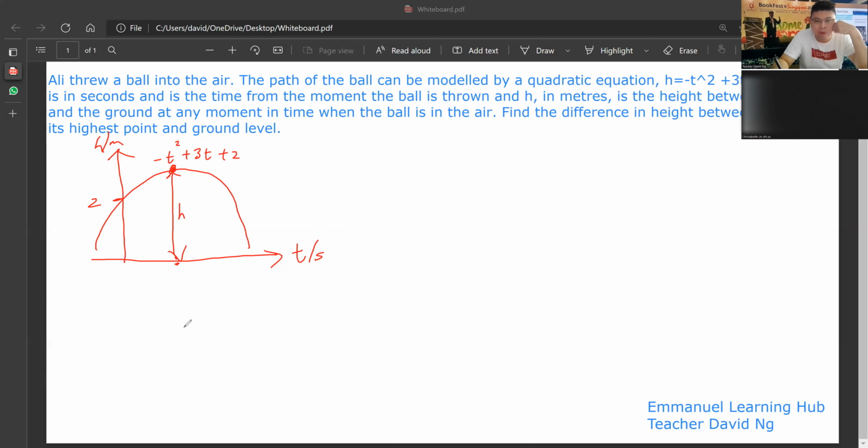So they want you to find turning point. Correct? Turning point, right? So you complete the square. Okay, let me do here. Here got more space.